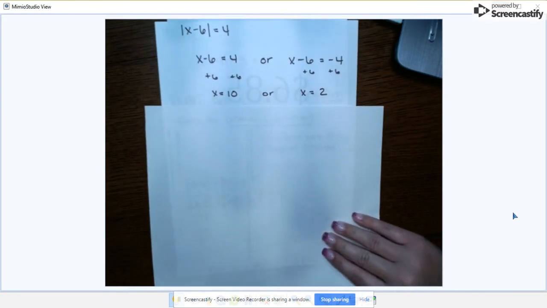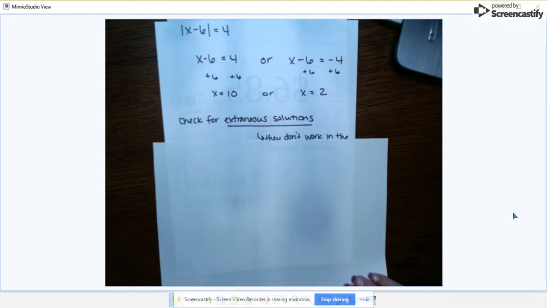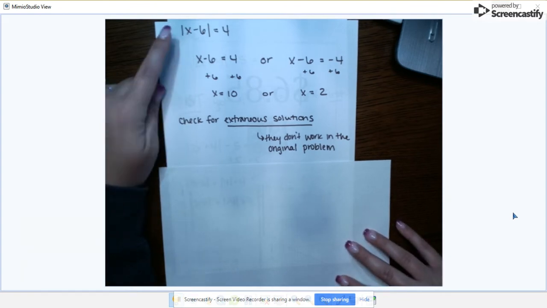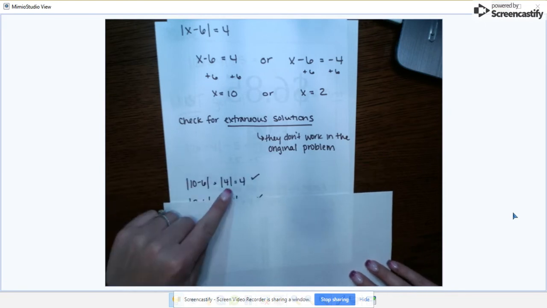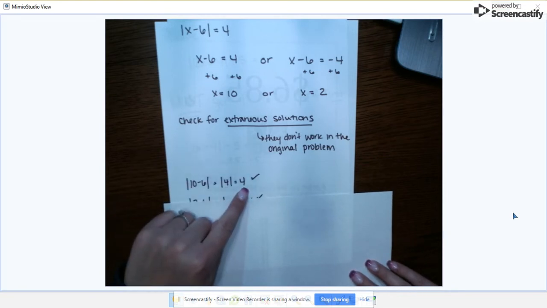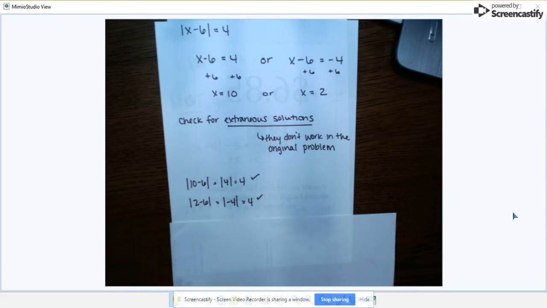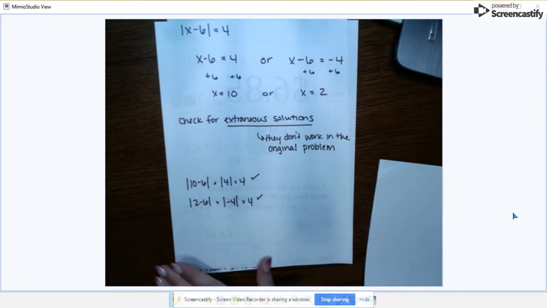When we get our answers, though, we have to plug them back in to check for extraneous solutions. Extraneous solutions means when I plug them in, they don't work in my original problem. So let's plug 10 in. The absolute value of 10 minus 6 is the absolute value of 4, which is indeed 4. Likewise, if you plug 2 in, we get a solution as well.